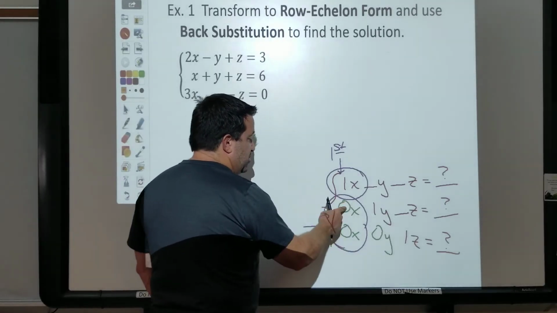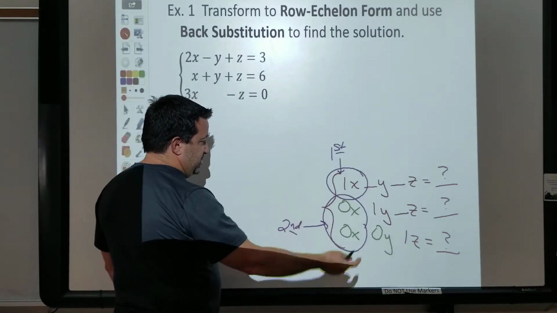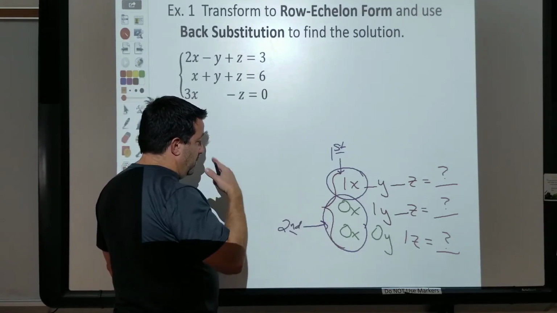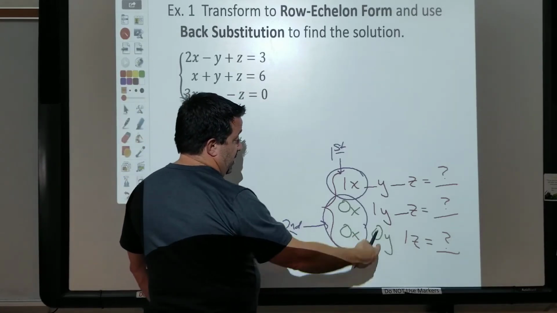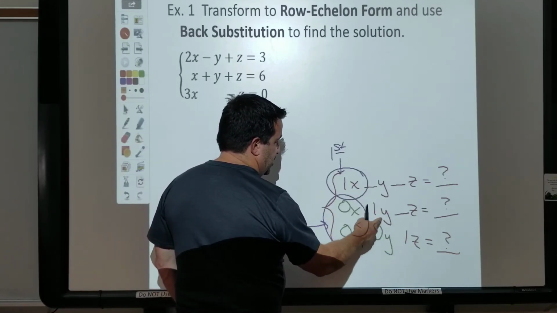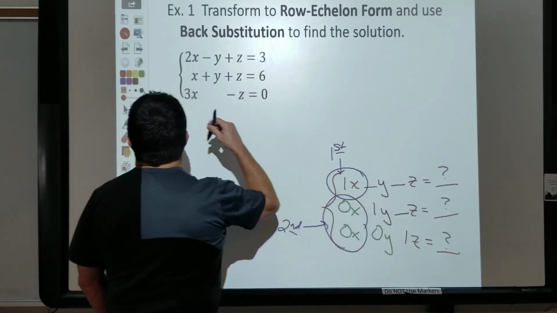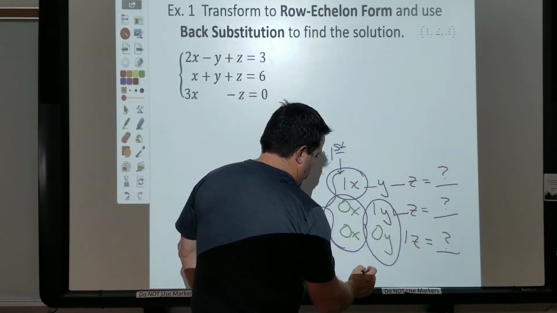That's going to be the elimination method that's going to cause that to happen. I can do that in any order, but that's my second step. Now, my third step can either be getting this to be a 1y, or getting this to be a 0y. It doesn't really matter. So these two are tied for the third thing I'm going to do.